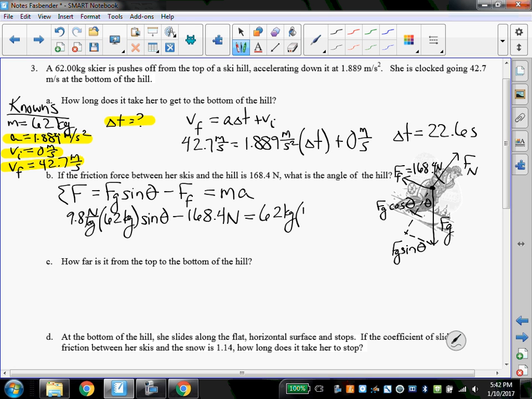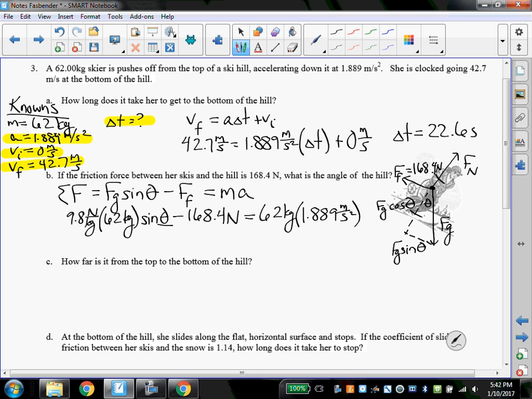So I think our acceleration was 1.889 meters per second squared. So great. After we wrote this net force equation, when we sub in all of the numbers that we know, the only number that we don't know is theta, which is what we're going to be looking for.